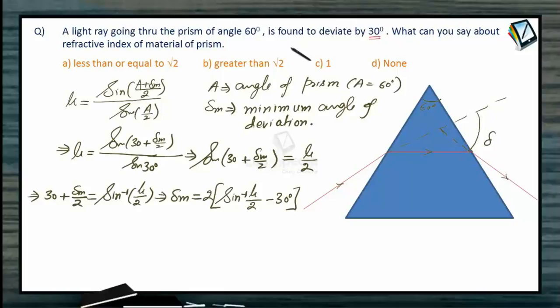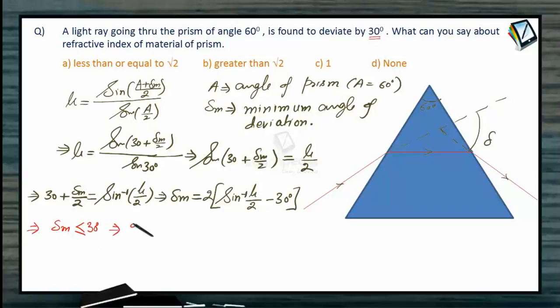So here 30 degree is not said to be the minimum deviation. So what we can say right now is that whatever the delta minimum is, it should be less than or at the most equal to 30 degree, because we know that for one ray the value of deviation is 30 degree. So now we can substitute this into this inequality.